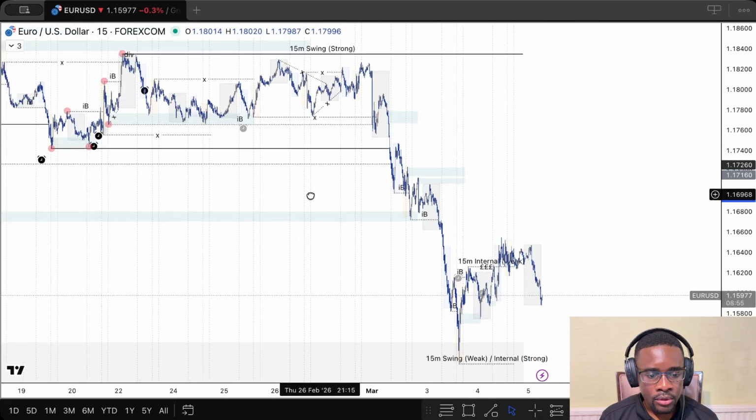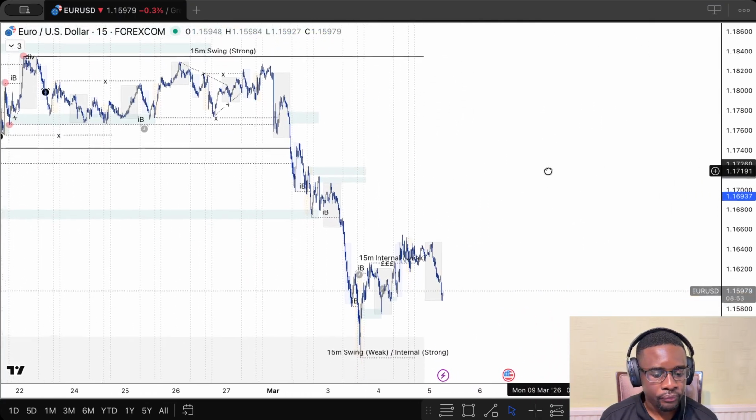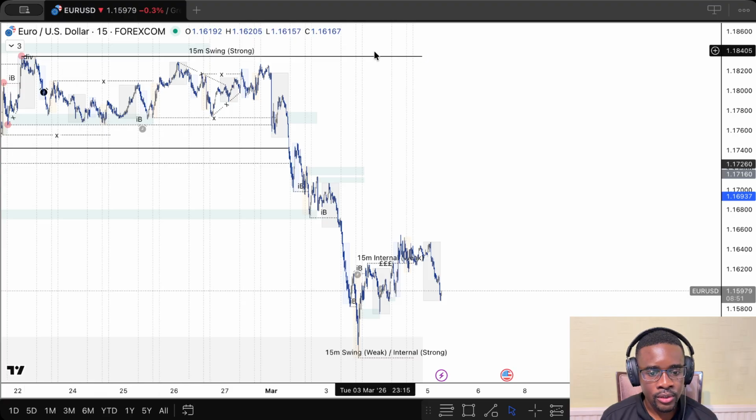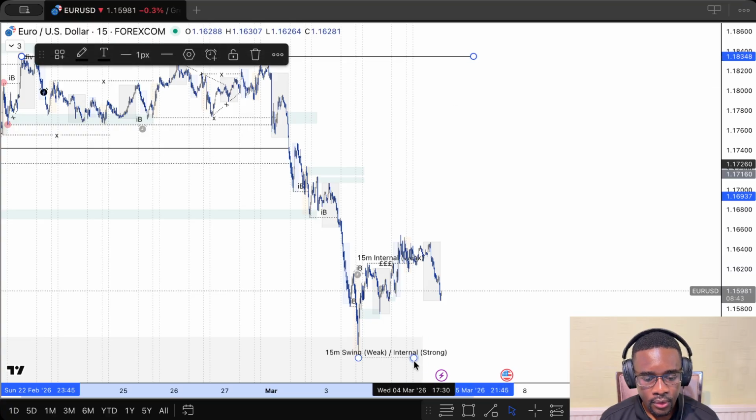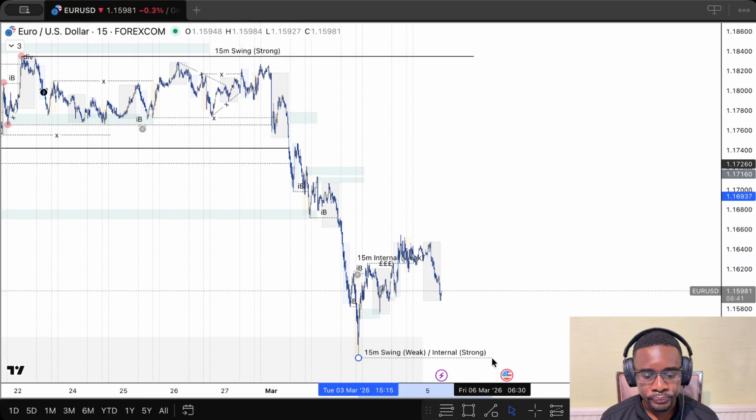So this is my swing range, all the way up here, and this is my swing low. This is the range we're playing within.